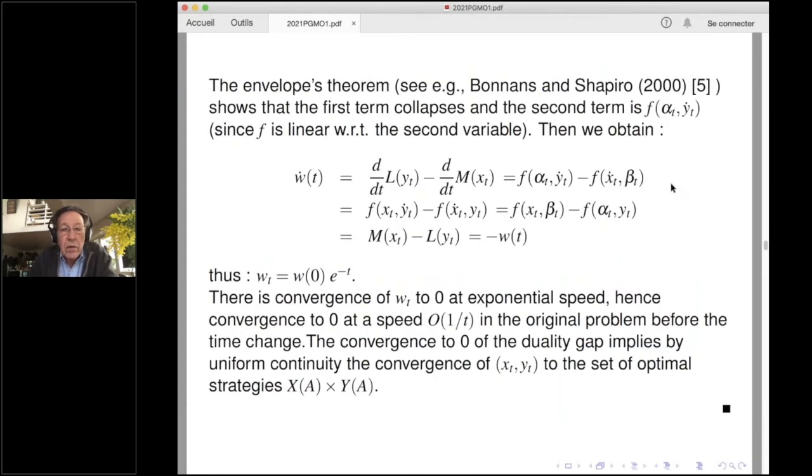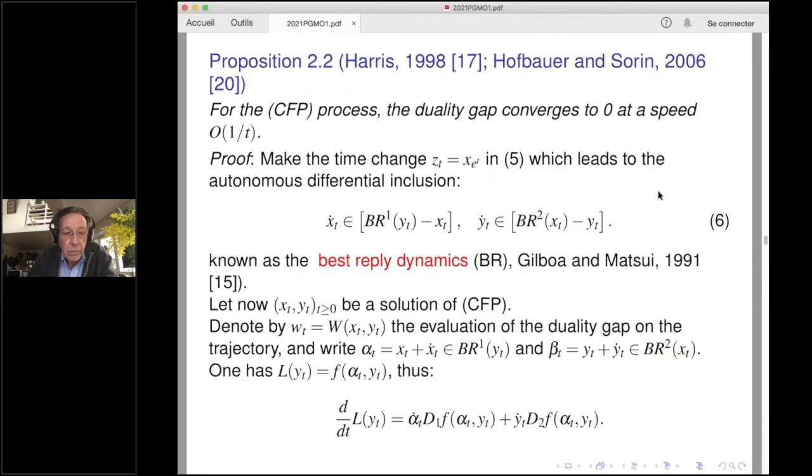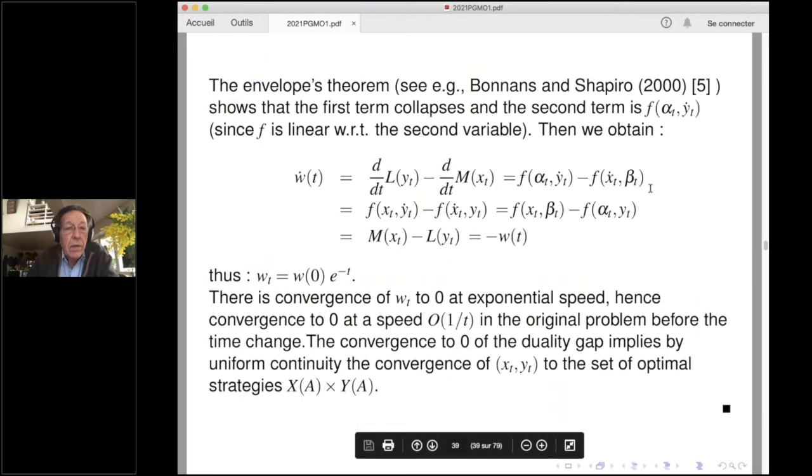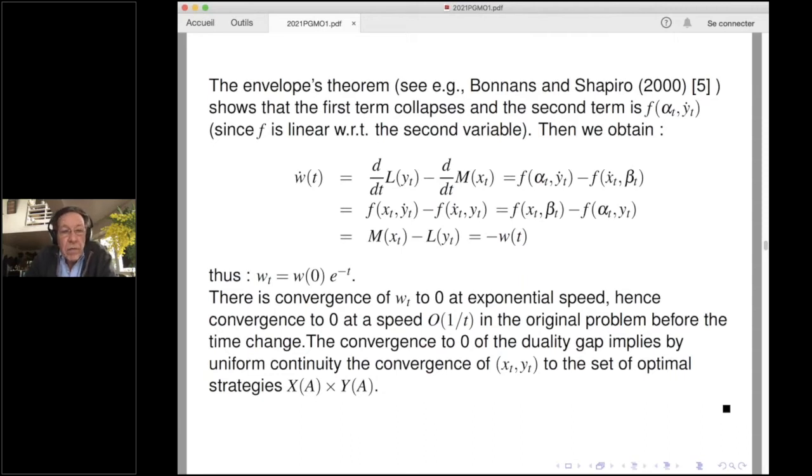So it remains only the second term, and the second term is just f of alpha t, y dot, because the function f is linear in the second variable. So this shows that the time derivative of the duality gap is given by f of alpha t, y dot minus f of x dot, beta t.